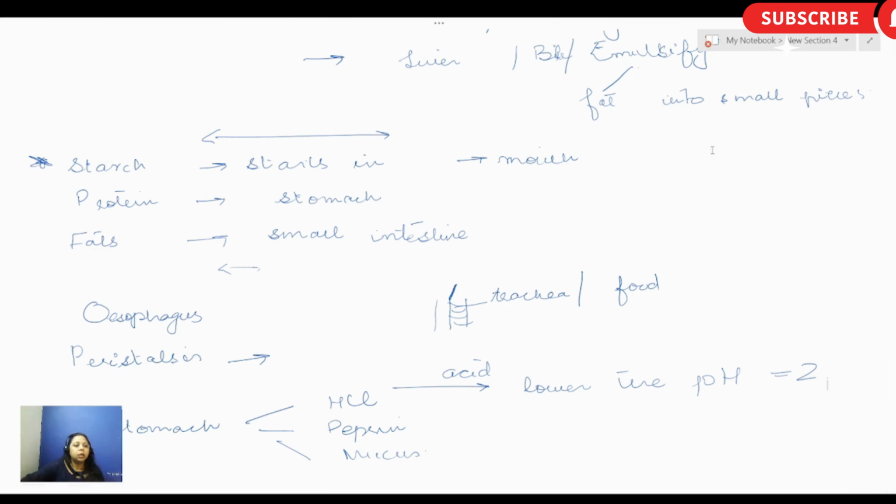Okay. So what is the role of pepsin? It actually produces protease or activates protease. What is the function of mucus? There was once a question in the past papers. What is the function of mucus in our stomach?